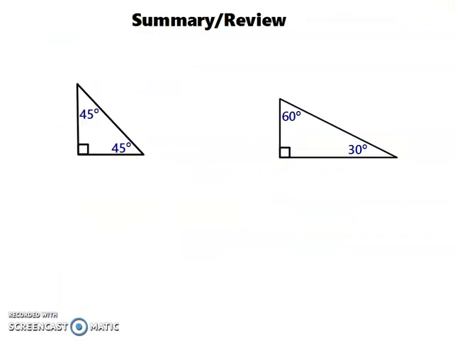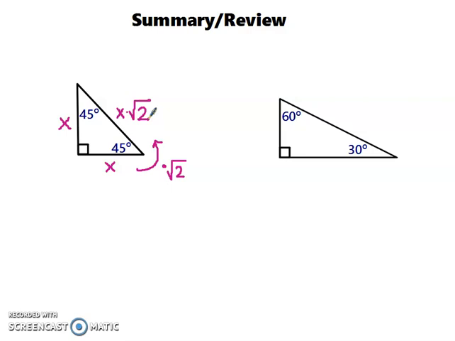So just a quick review, how does this work? Remember, on a 45, 45, 90, we always have matchy-matchy legs because it's isosceles. And then if we wanted to find out the hypotenuse, we'd multiply by, what's the magic number on this one? The square root of 2. So this would be whatever that number is times the square root of 2.